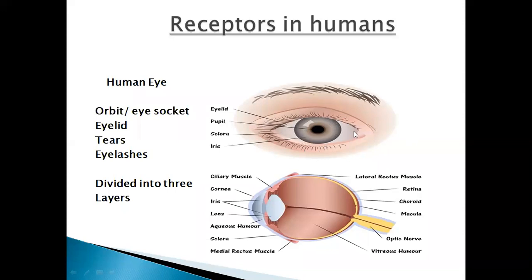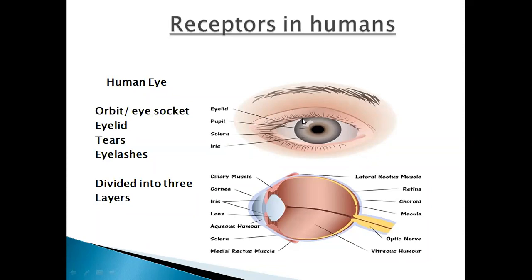A small portion of the skull. The eye is present in a portion of the skull, and the area where it is present is also known as the eye orbit or eye socket. This socket is present in the area of the skull. So you can say that the human eye is located in the orbit, which is present in the human skull.